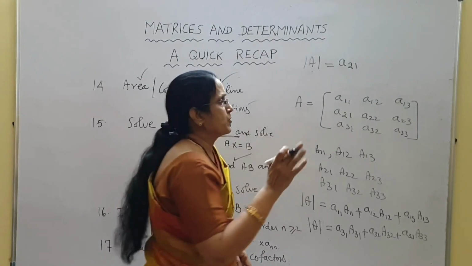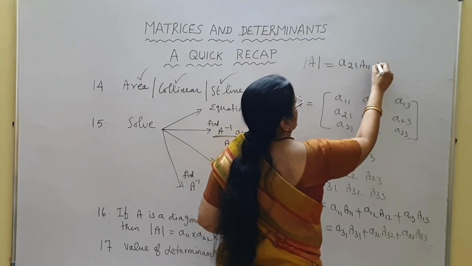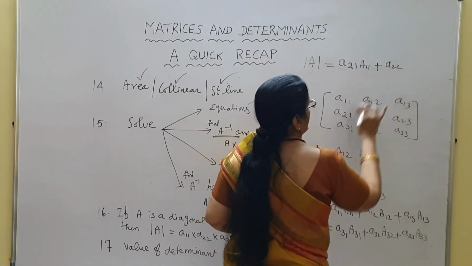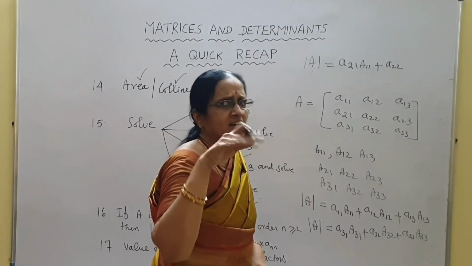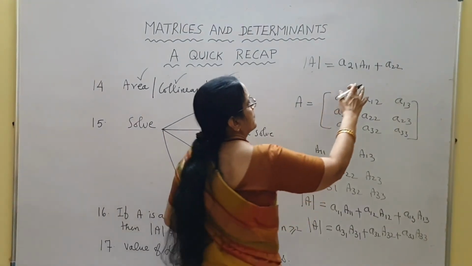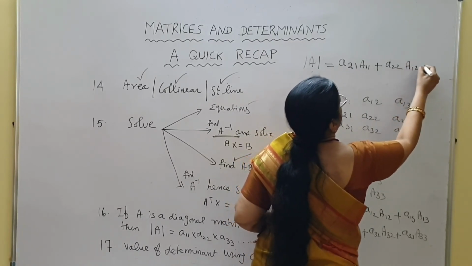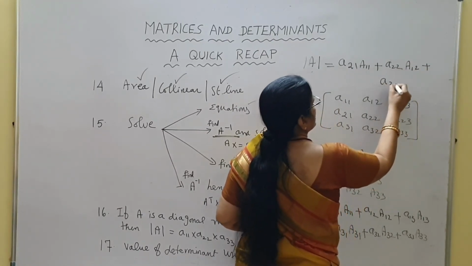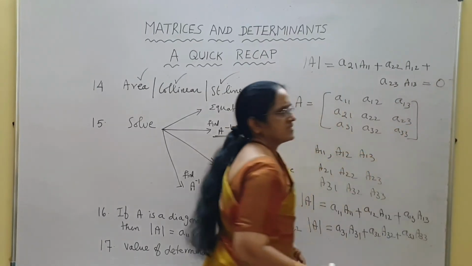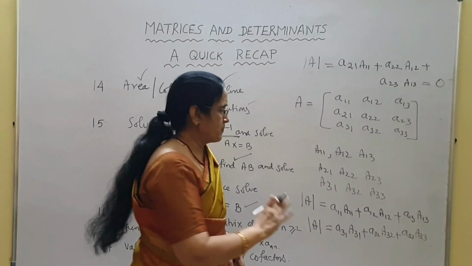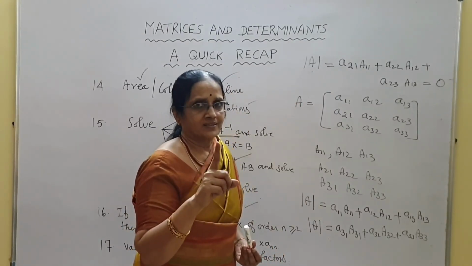Instead, I am going to take the cofactors of the first row: a21 into A11, plus a22 into A12, plus a23 into A13. The elements I am taking from the second row, but I am writing the cofactors of some other row. This value is going to be 0. So, this point also should be kept in mind. You may be asked for 1 mark.